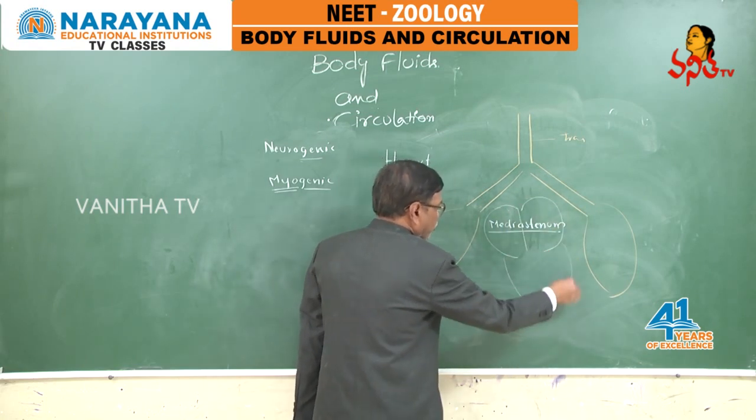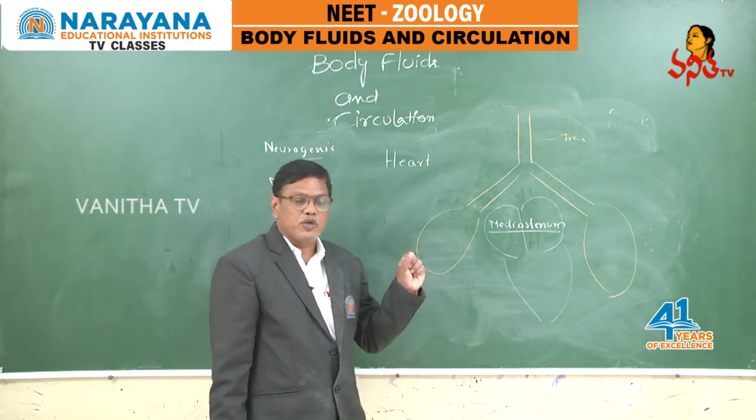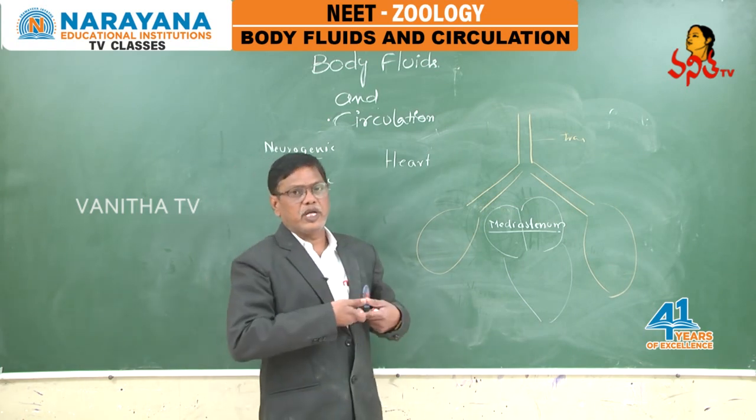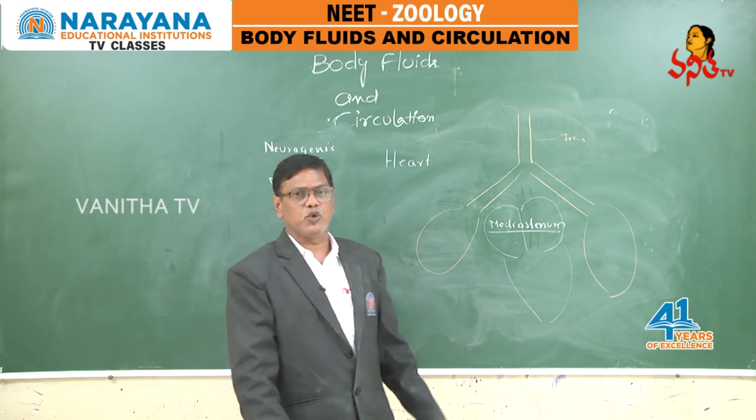Our heart is a four-chambered, myogenic heart, situated in the thoracic region, in the space between the two lungs.